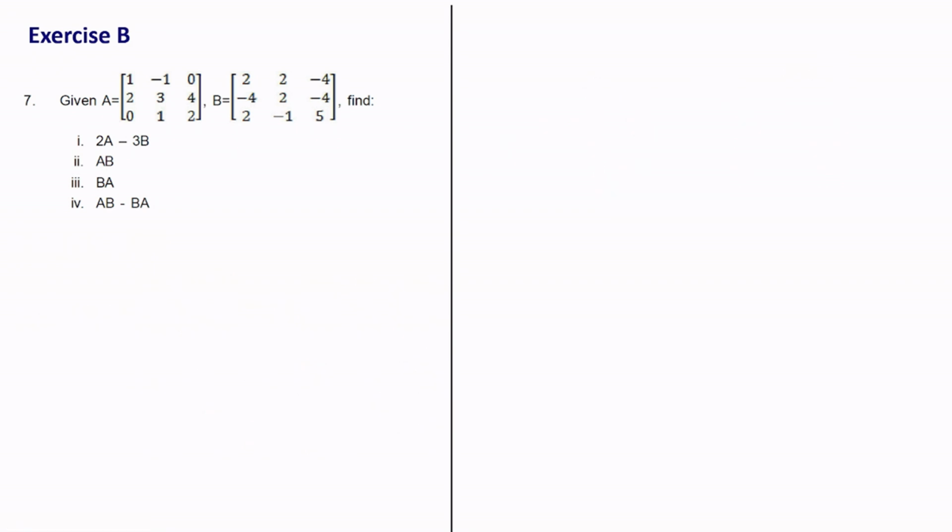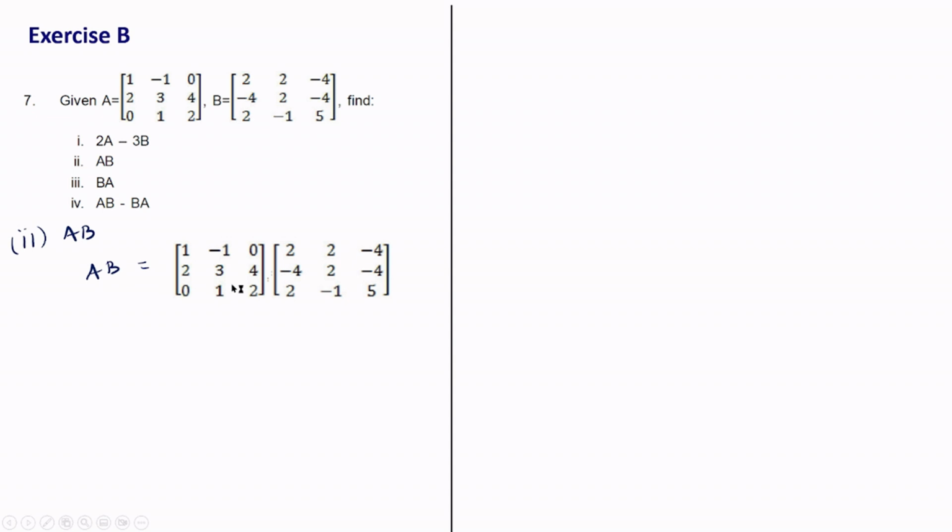Next, now let us find matrix A into B. So the second subdivision we have to find AB. It is the product of A and B. AB equal to, this is matrix A and this is matrix B. So this is equal to 2 plus 4 plus 0, 6. Then 2 minus 2 plus 0, 0. Then minus 4 plus 4 plus 0, 0.